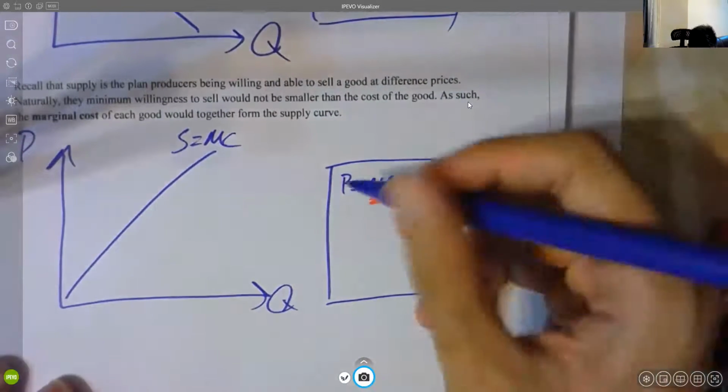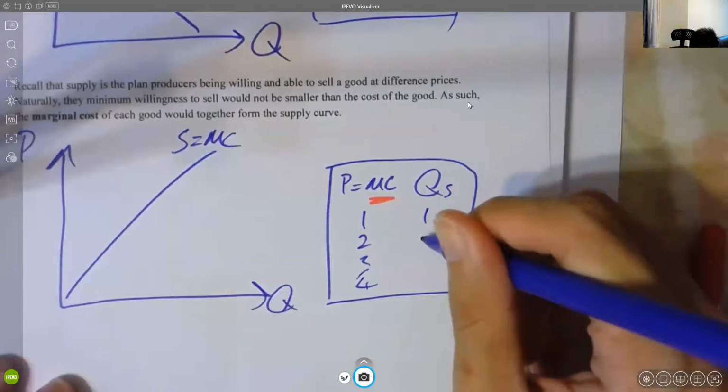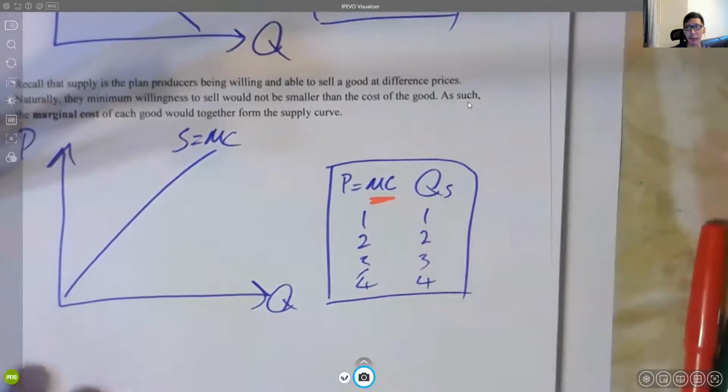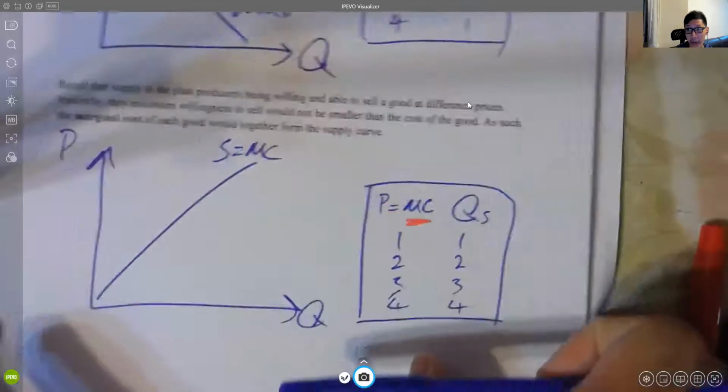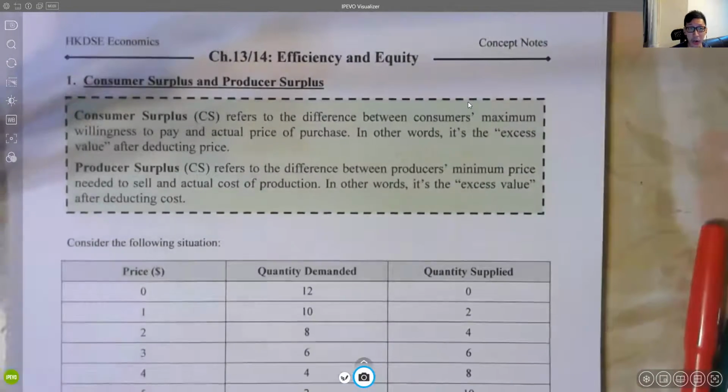So it should look something like this, 1 2 3 4, and 1 2 3 4. Okay? You need to remember this, otherwise we can't continue. So let's go right into the definitions of CS and PS, consumer surplus and producer surplus.